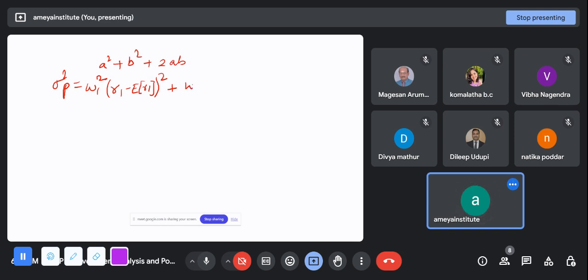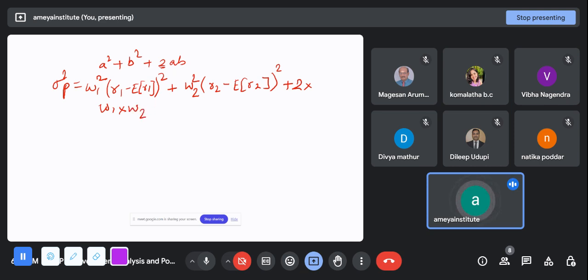Plus the second asset: weight of second asset square into (R2, return of second asset, minus expected return on R2) square. It will become b square. Plus, what is the next one? 2 into weight of first asset into weight of second asset.